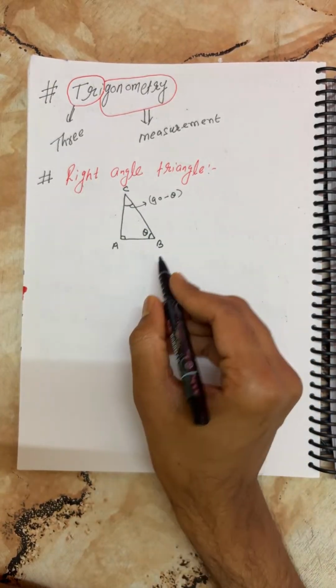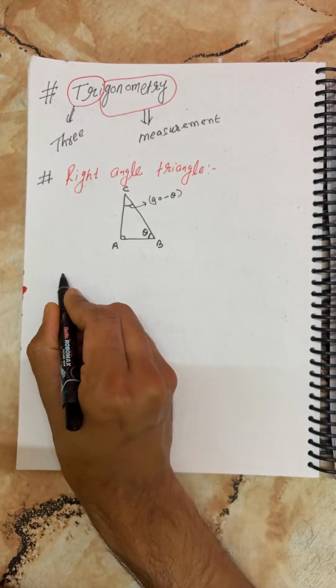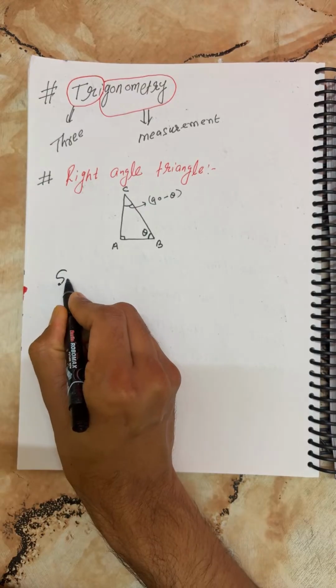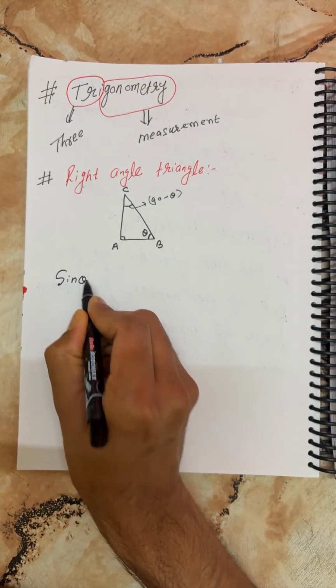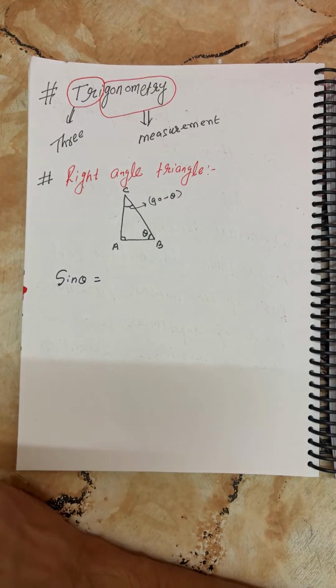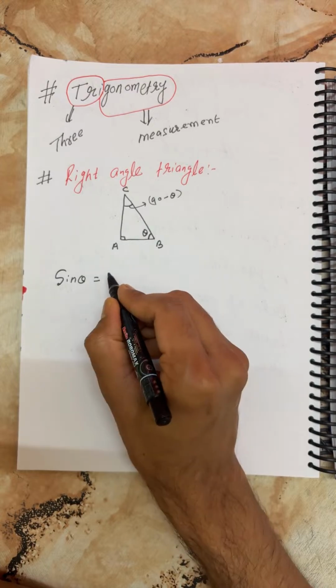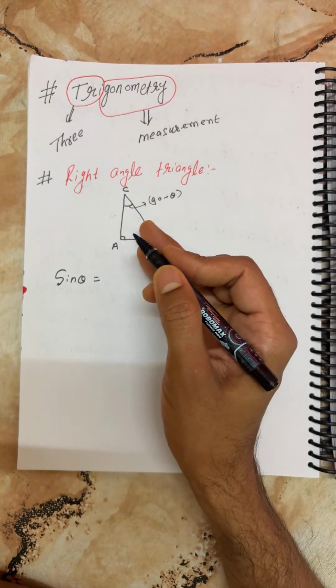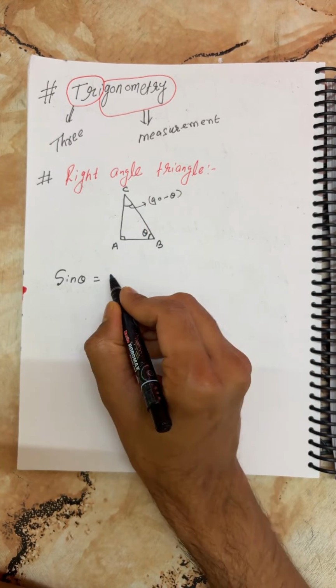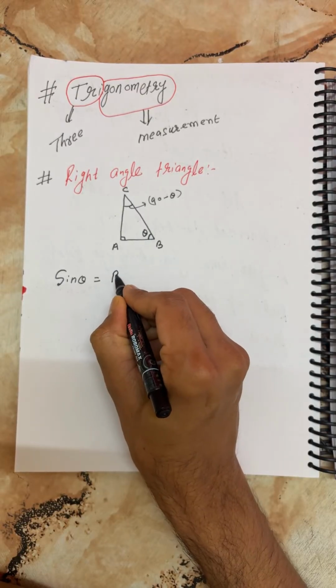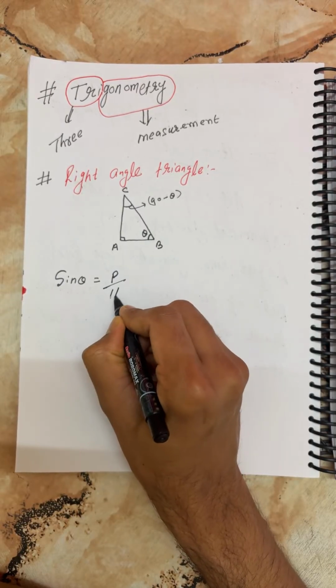So let us see, kids, here I wanted to find the value of sine theta. Tell me everyone, what is the formula of sine theta? Sine theta is perpendicular by hypotenuse.